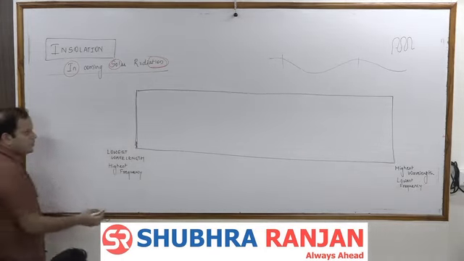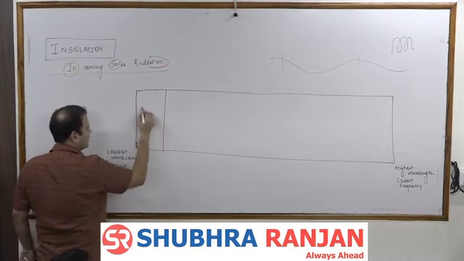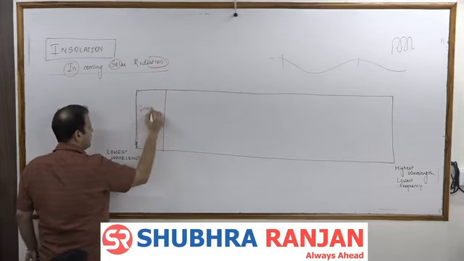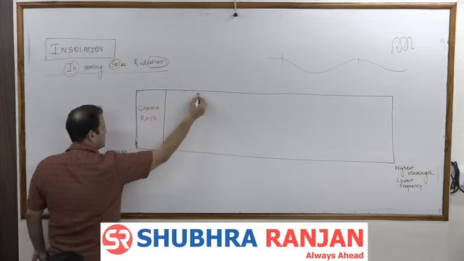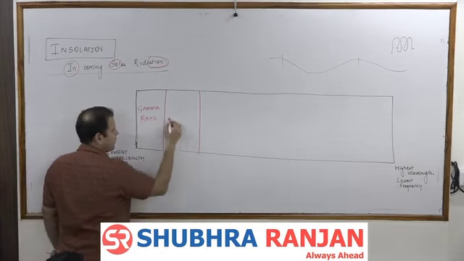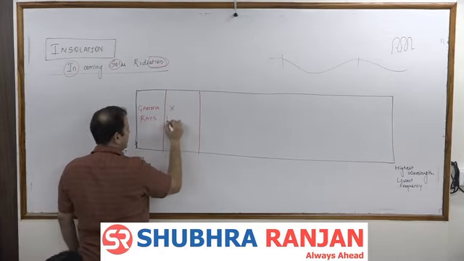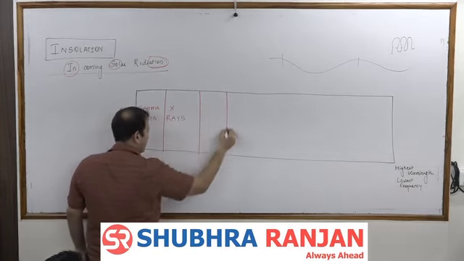So this is how the insolation comes. It is divided into, anyone knows this? Sabse pehle gamma rays. After that, this is in your science 8th NCERT. After that, X-rays. After that, UV rays.